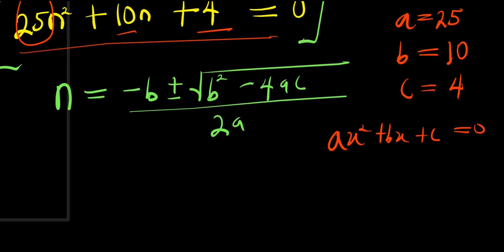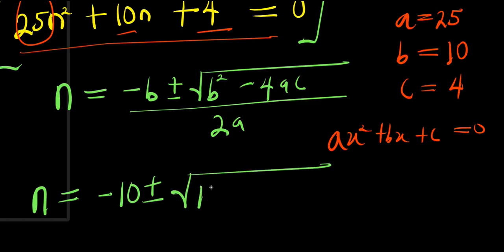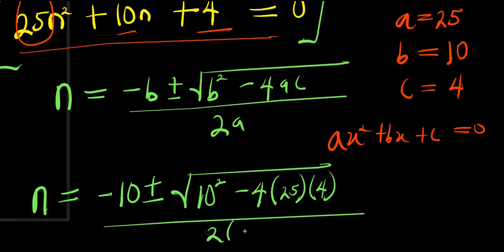So from here, negative 10 plus or minus square root of 10 power 2 minus 4 times 25 times 4, divided by 2 times 25.